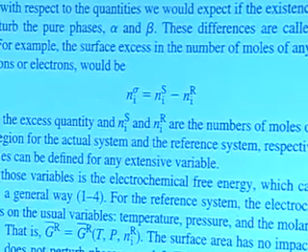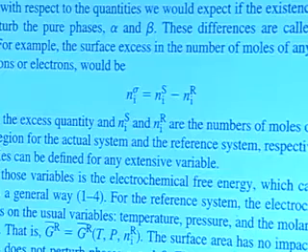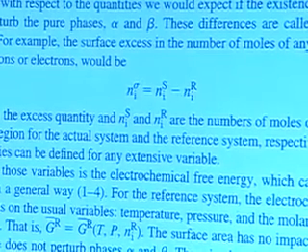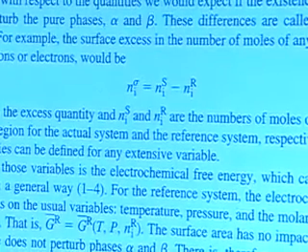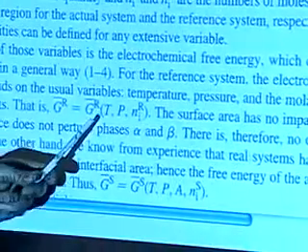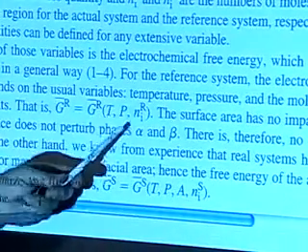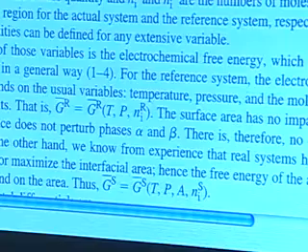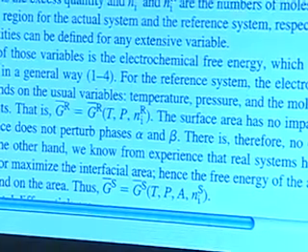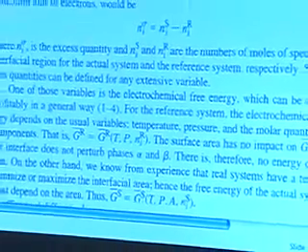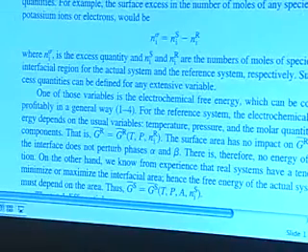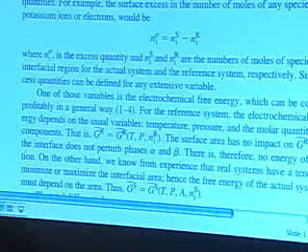So now we have to evaluate the free energies. The free energies in the reference system are a function of three things: the temperature, the pressure, and the concentration of all the species in the reference phase. The free energy in the real system is a function of four things.